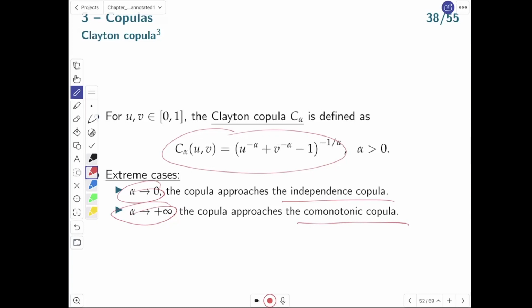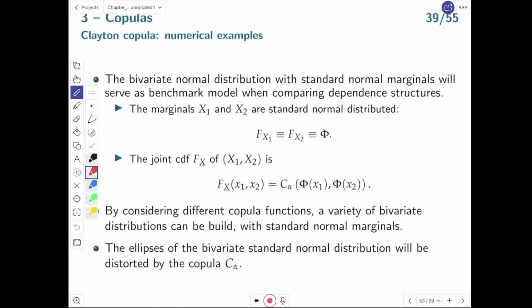Okay, but let's assume that we use this copula. What we will do is we will use this copula, we'll use x1, x2 standard normal distributed, and then apply Sklar's Theorem and see what kind of bivariate vector comes out. Okay? Okay, so that's what I explained here. We take, so phi is the CDF of a standard normal distribution.